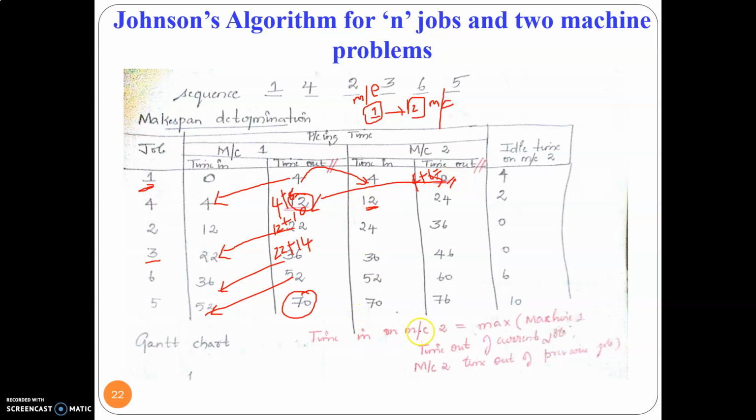So the time in on mission 2 is the maximum of the time out of the current job, which is 10 minutes, comma, the time out of the previous job in mission 1, that is 12 minutes. So you have to find out which is maximum of these two and write it here. So at the end of the 12th minute, job 4 enters mission 2.